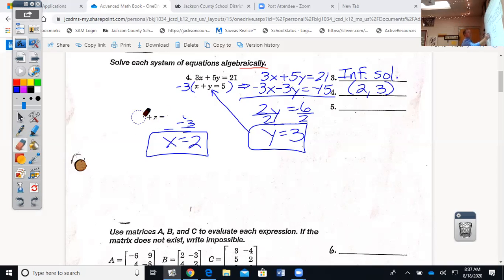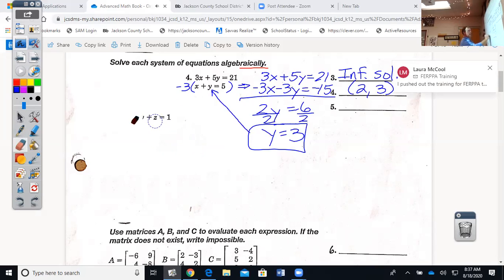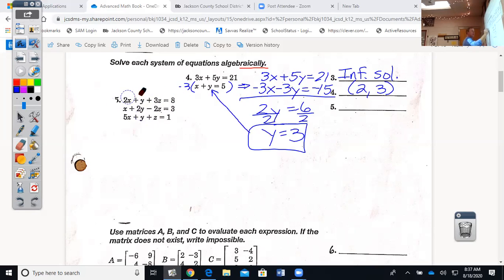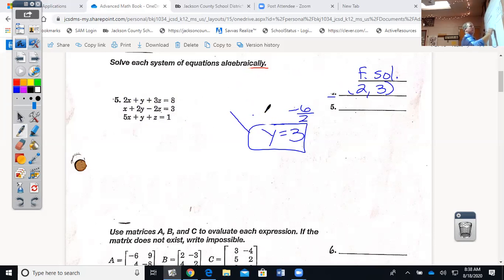We were doing what, 5? Gotta find it. There's 5. All right. Kind of erased some of our answers over there.